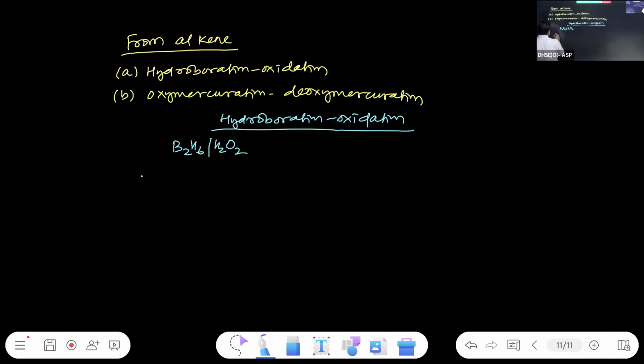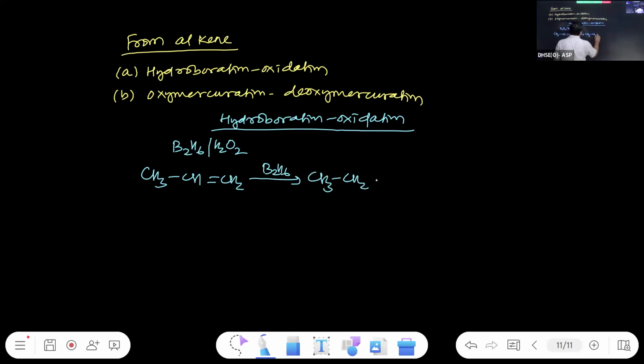Then if we take an alkene, first by following Markovnikov's rule, BH2. Boron again has two more hydrogen atoms to be released. So the reaction will not stop. It will further react with one more alkene.